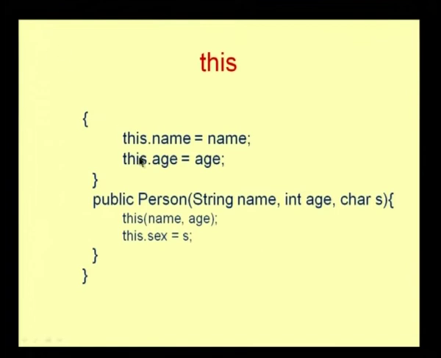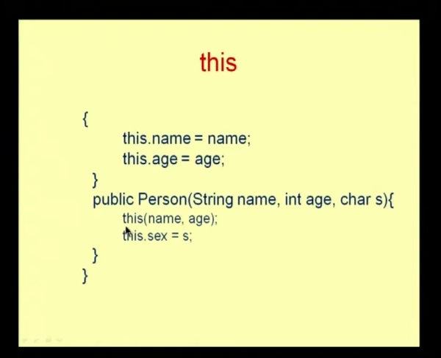So here we have used this keyword in order to discriminate whether this particular variable is the local variable from the parameter or a variable which belongs to the instance. So it means that the current instance is nothing but a current object. So this dot name means that you are accessing the instance variables. This dot age, it means that you are trying to access the instance variable.